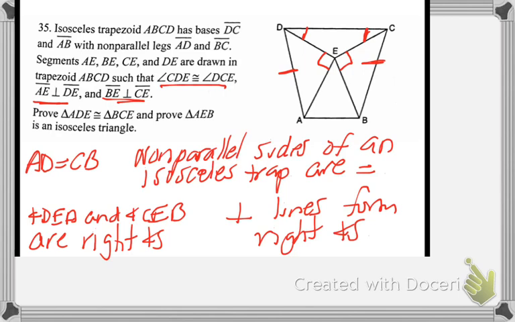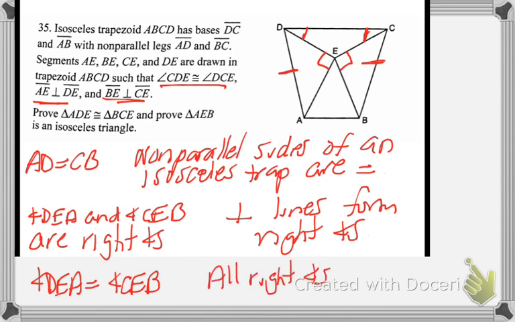Well, if those angles are each 90 degrees or right angles, they must be equal. So we're going to write angle DEA equals angle CEB, because all right angles are equal. Okay, so we have that. I'm going to make some room here.